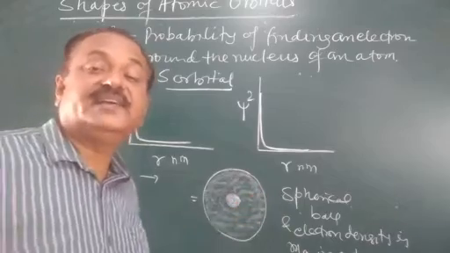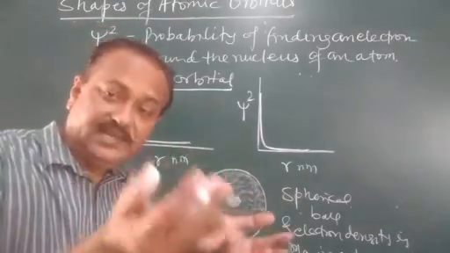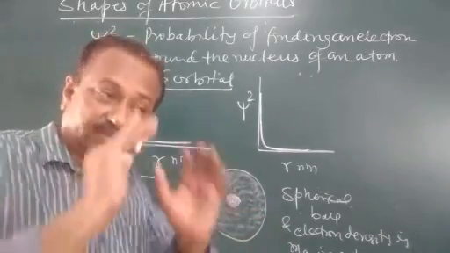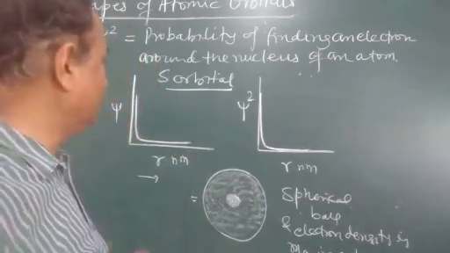It decreases but never becomes equal to zero, just like a soccer ball or a football. There is always a possibility of finding the electron density. So this is about the S orbital.